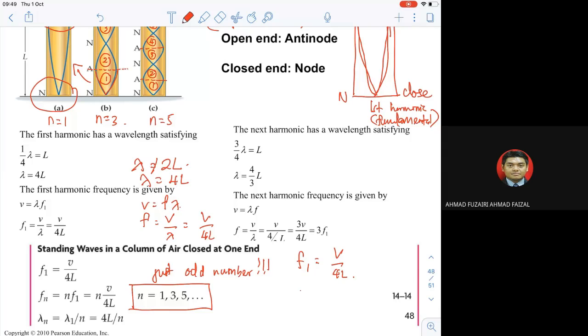How about f3? Because it doesn't have f2, so straight away 3v over 4L. Or should we call that f3 is actually 3 f1. f5 is actually 5 f1. The same goes to the part. But you need to know the drawing, the lambda, and the frequency.